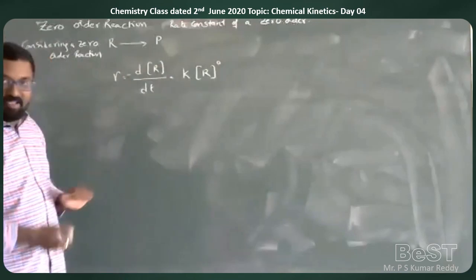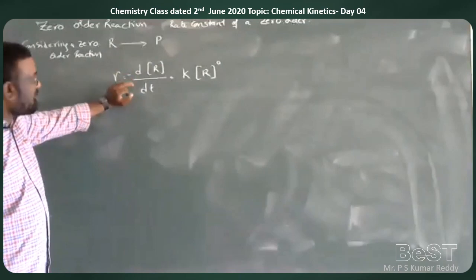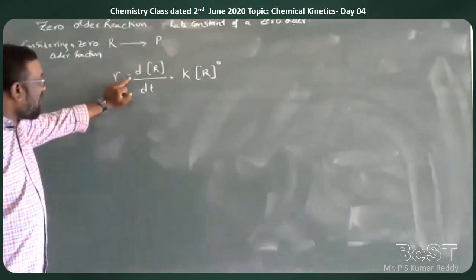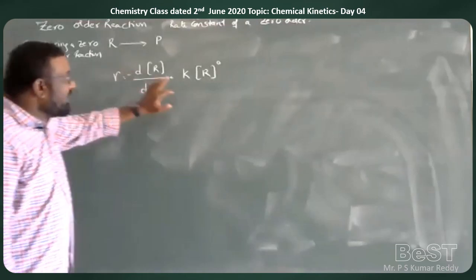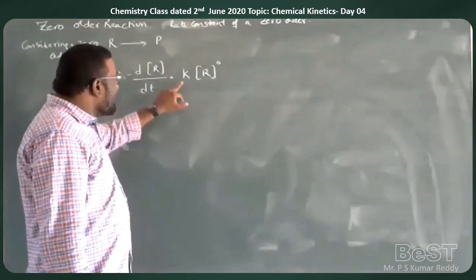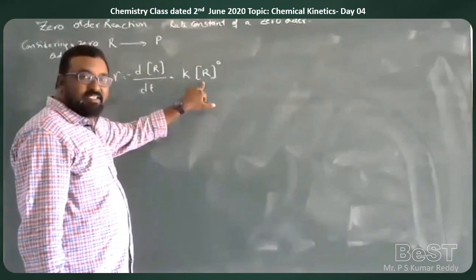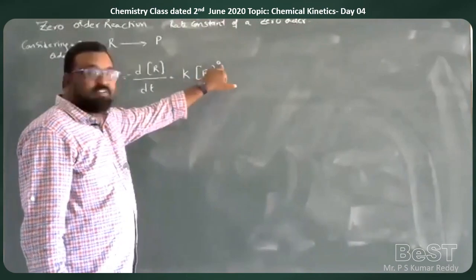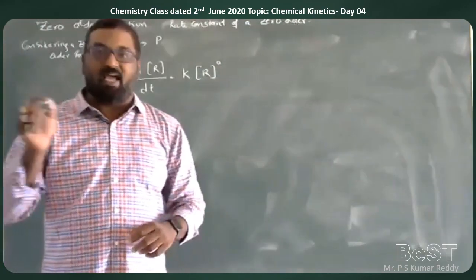The rate can be calculated as minus dR by dt. What is this minus dR by dt? A small decrease in concentration of the reactant by the time taken. Or we can also calculate the rate of reaction by taking the equation rate equal to rate constant into concentration of the reactant to the power of 0. Why is it to the power of 0? Because it is a zero order reaction.